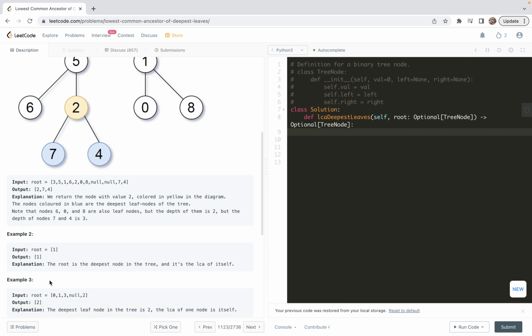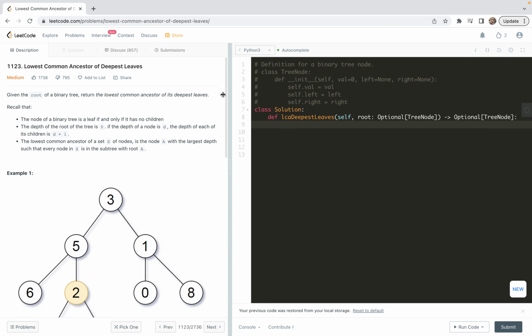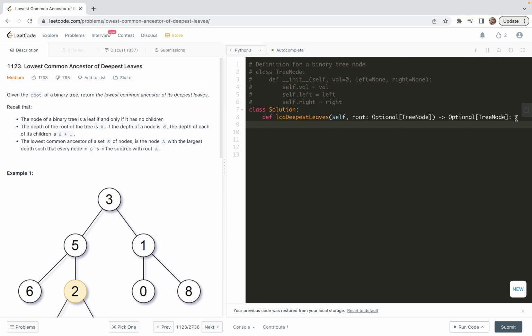Here I'm going to provide a very verbose solution just to motivate you to think. Basically I want to use this code to digest the logic. First, I'm going to write a depth function. This function accepts a tree node, and it's going to compute the depth of the tree rooted at this root.